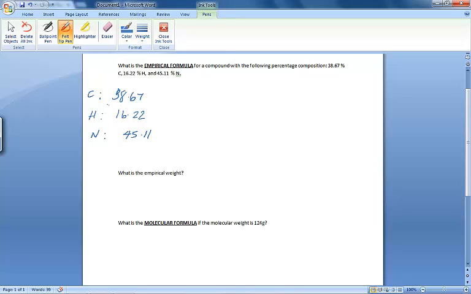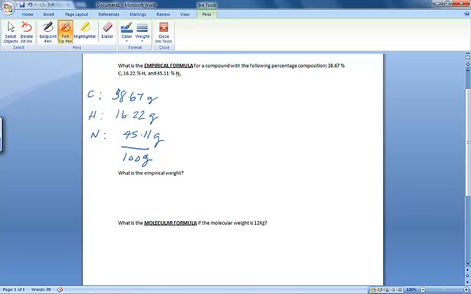Now these are percentages, and in order to convert these percentages into moles, we need to have them be in grams. So rather than use percentages, we're going to assume these are grams, because if we add these grams together, they will make 100 grams. And if we had left them as percentages, they would have added up to 100%.